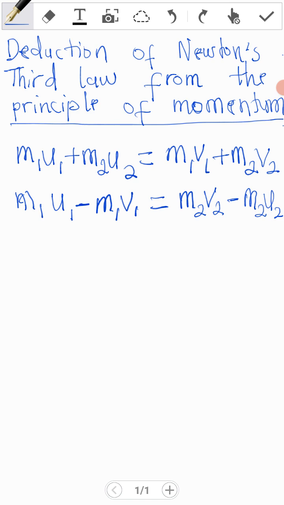Now we factor out m1 because we have similar terms here, so we'll factor the m1 out, which will be m1, open bracket, u1 minus v1, then we close the bracket.